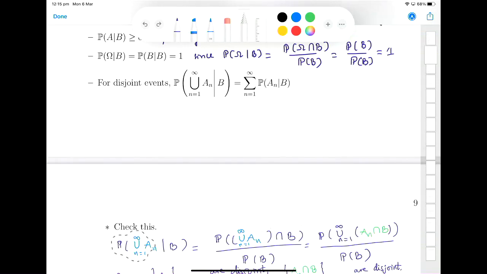And then what is the blue set intersect with B? Union of A_i, i from 1 to infinity, intersect with B. So this equals the union of A_i intersect B from 1 to infinity, right?